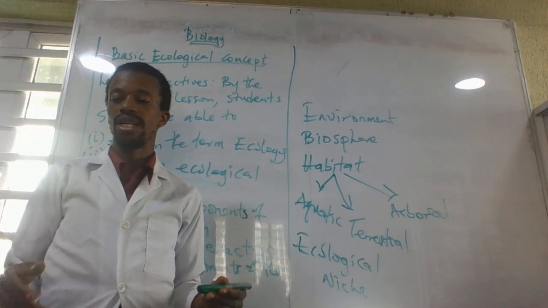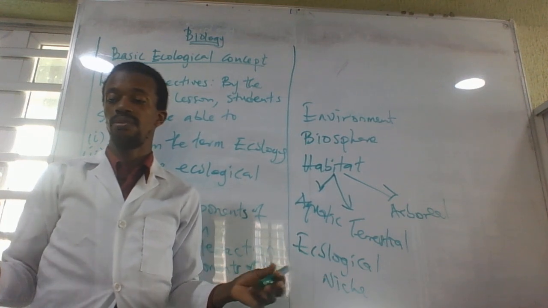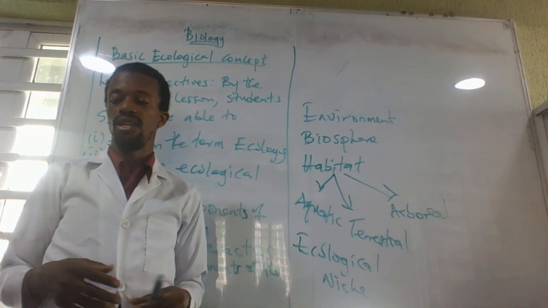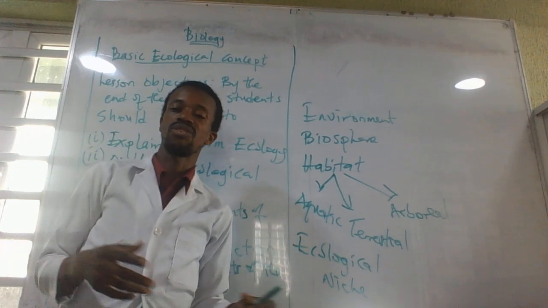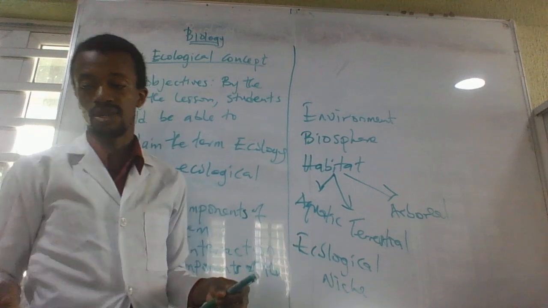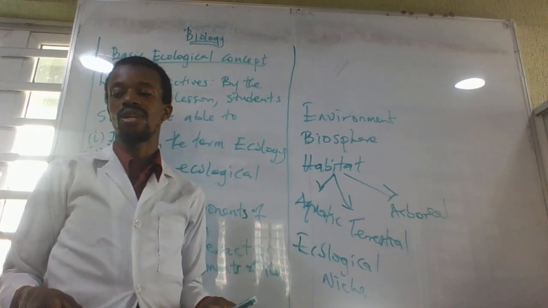So abiotic components include organic substances like carbohydrates, lipids, proteins, inorganic substances, temperature, rainfall, the edaphic factors such as the soil type, the texture, the topography, the landscape, and so on. These are the abiotic components.